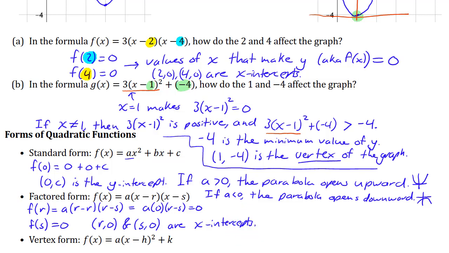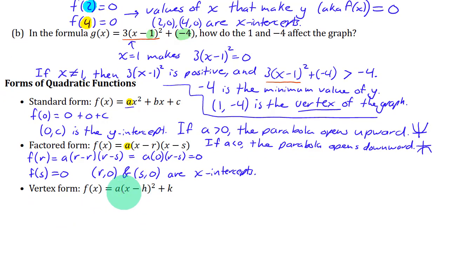And the same thing is true with a. This a is the same as the a in standard form, because once you FOIL this out, x times x gives you x squared, and once you distribute the a, you end up with a times x squared. And same thing if you have it in vertex form: after you multiply out x minus h times x minus h, you end up with a times x squared.